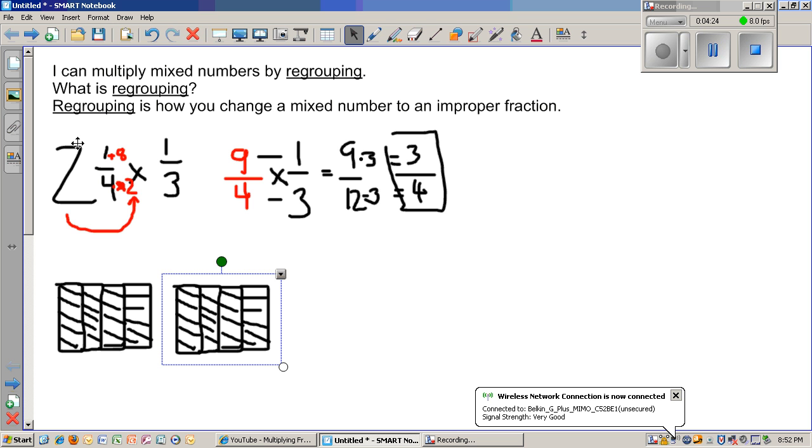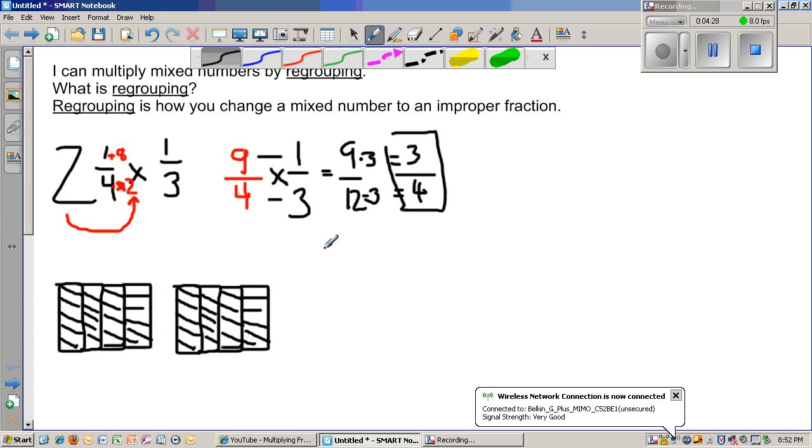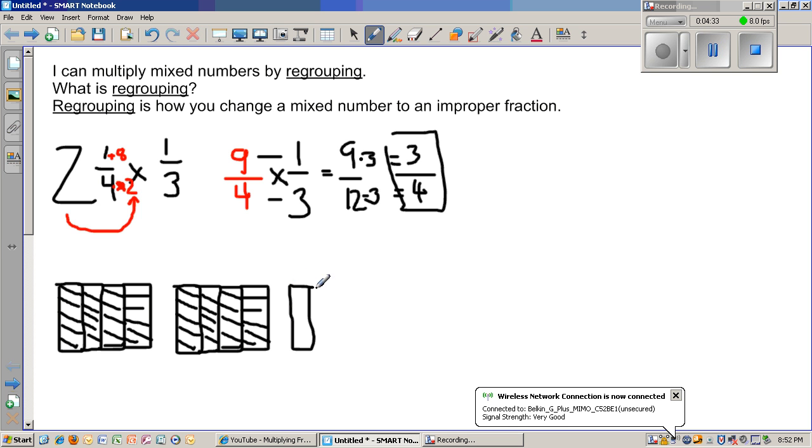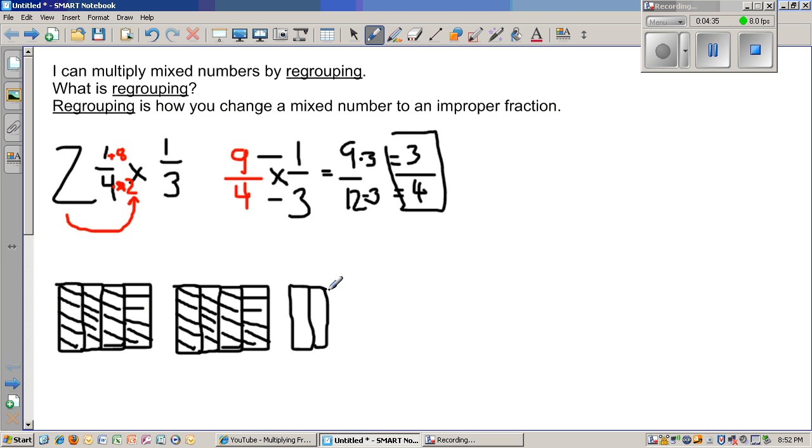So here's our 2. There's 1. Here's 2. And now we're going to draw 1/4. So there's 1, 2, 3, and there's 4. Now we just want 1. All right, so 1/4 is going to be this much, right?